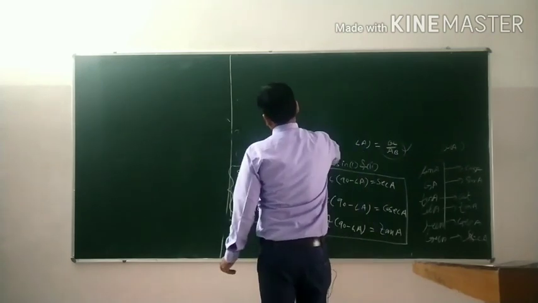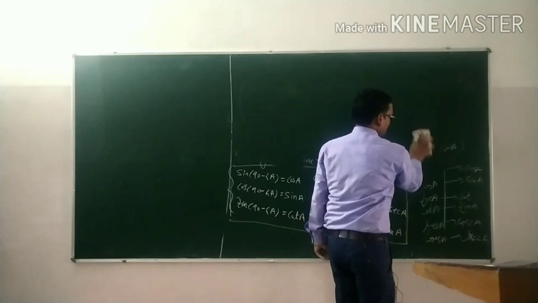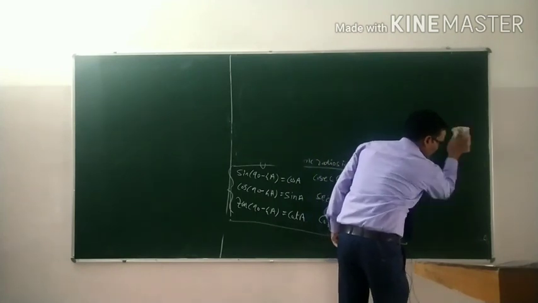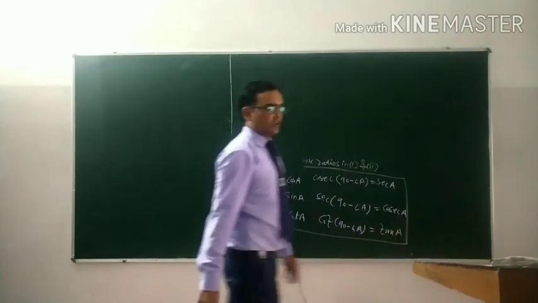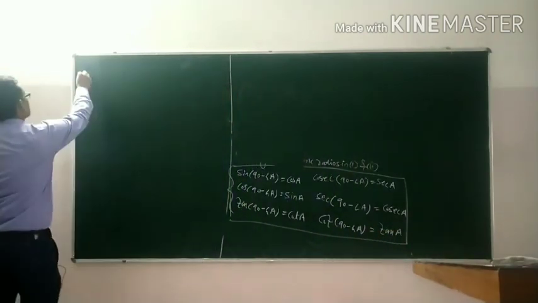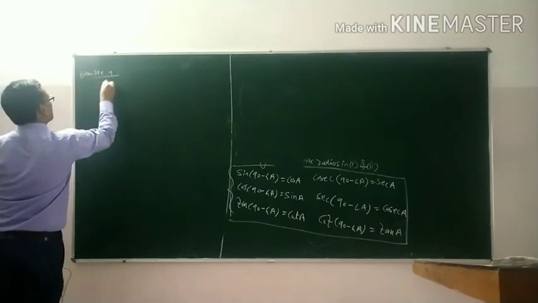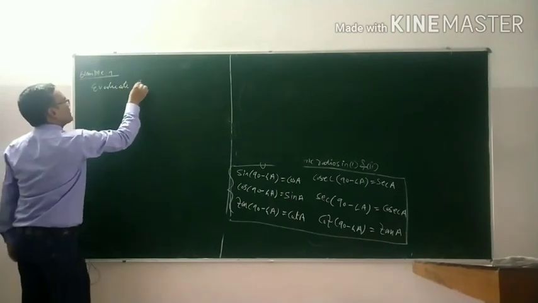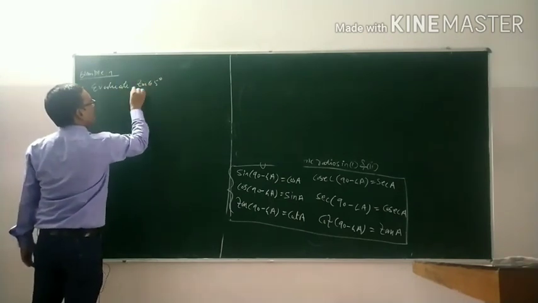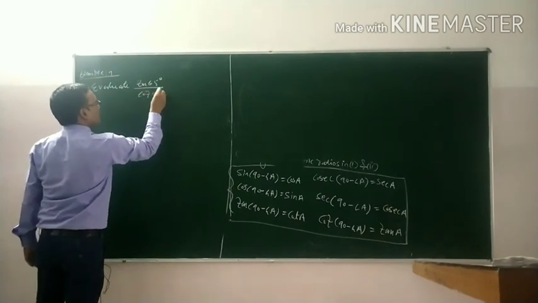Question number first. Evaluate tan 65 upon cot 25 degree. Example number 9. Evaluate tan 65 upon cot 25 degree.